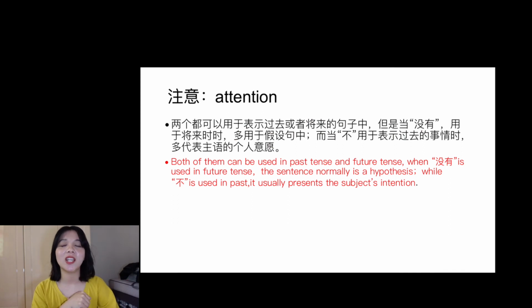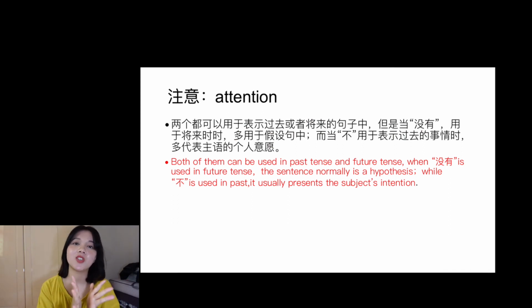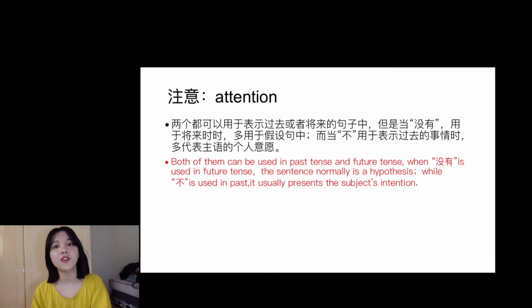Notice here, 注意, both of them can be used in a sentence to describe something in the past or something in the future, but we'll use 没有 to describe something in the future. We usually means it's a hypothesis, and we'll use 不 to describe something happened in the past. Usually means someone's intention.